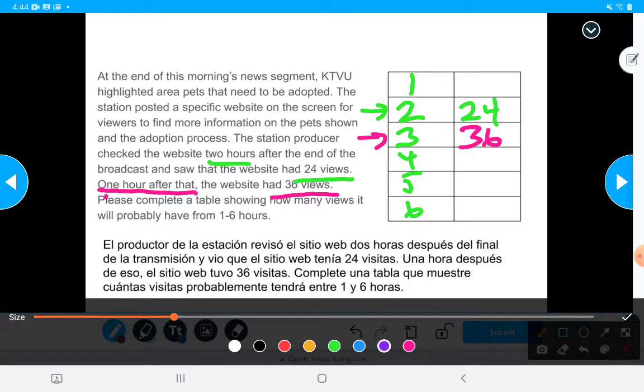In order to do that, I just need to find how do I go from 2 to 24. Well, I know 2 times 12 equals 24. 3 times 12 equals 36. So I'm just going to keep this pattern of times 12 and keep it going all the way down.